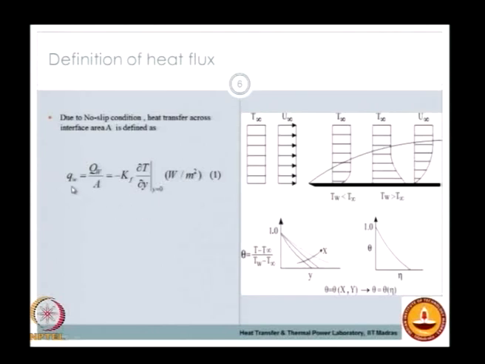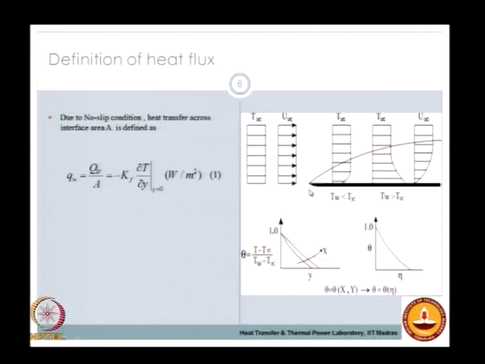If you are applying Fourier's law at the wall, we define the wall heat flux as minus k_f, which is the thermal conductivity of the fluid, times the gradient of the temperature at the wall, that is at y equal to 0.